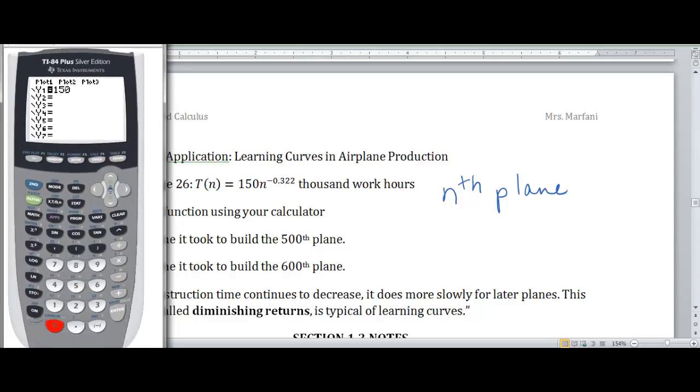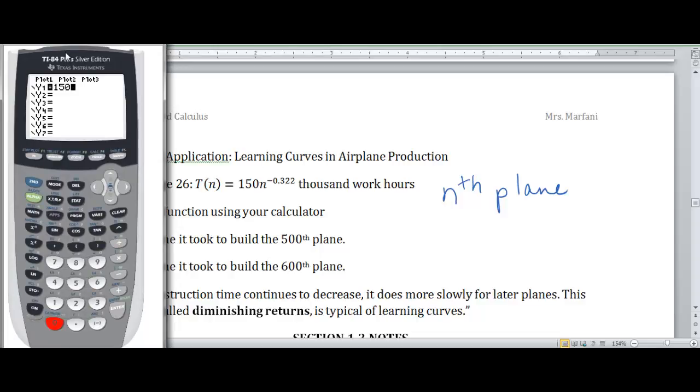So now you can see I have y equals here, and I typed in 150n. We don't have n, so we'll just use x raised to the negative 0.322. Okay. 1,000 work hours.